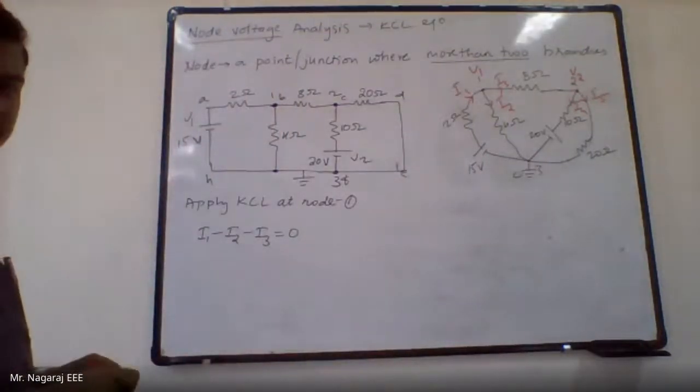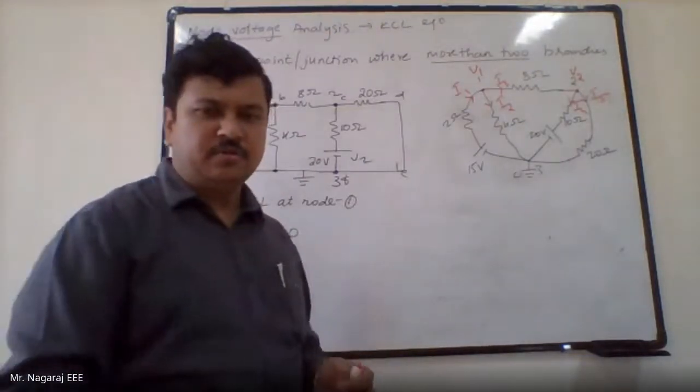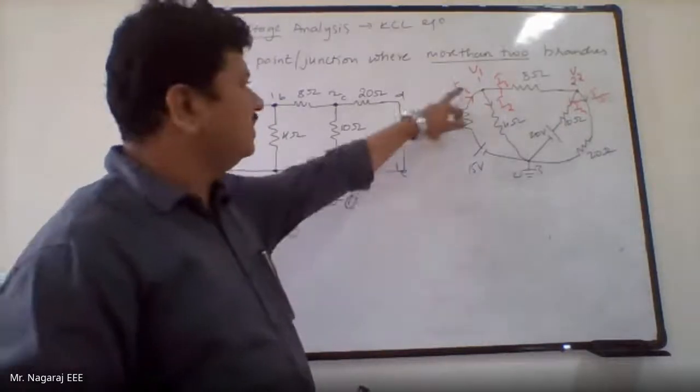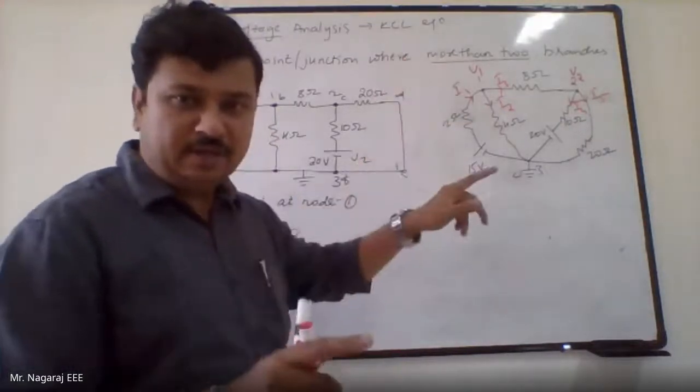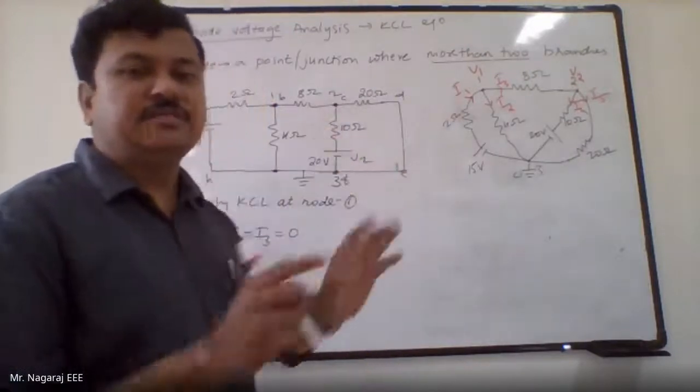We know that current always flows from higher potential point to lower potential point. So with respect to 15 volts, V1 is at lower potential depending upon my direction of current I1. This is an assumption.